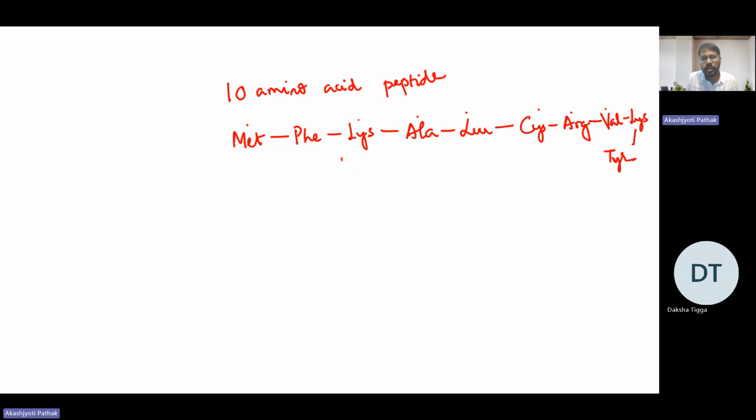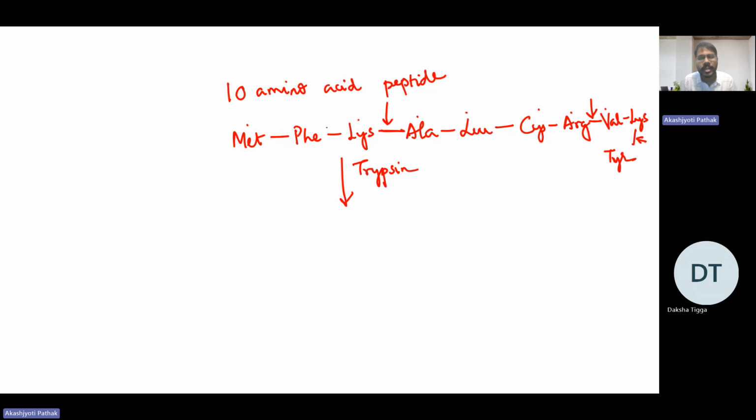What will happen when you treat this peptide with trypsin? How many peptide fragments will you get? Trypsin cleaves at the C terminal end of lysine, so it will cleave here, here, and also at this residue.